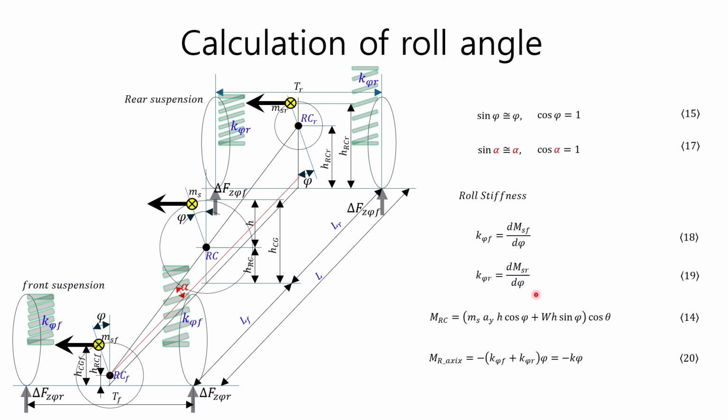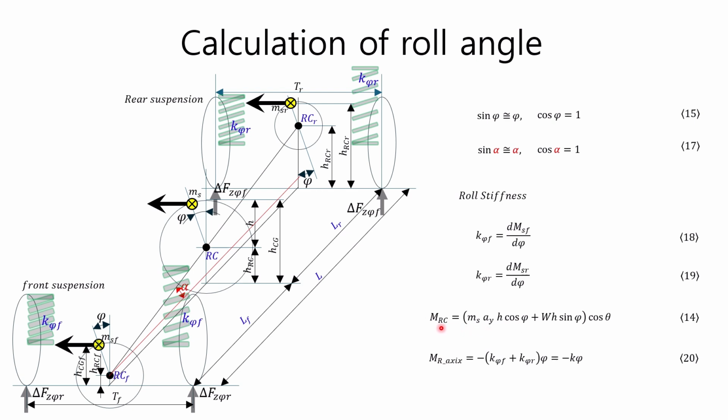When the vehicle turns, the moment generated by the sprung mass about the entire roll axis must be equal in magnitude and opposite in direction to the reaction moment generated by the suspension. The moment generated by the sprung mass about the entire roll axis can be obtained as in equation 14, as discussed above.